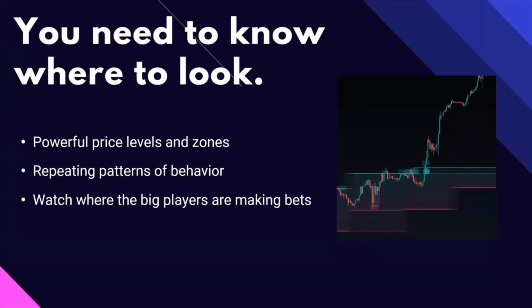So these are areas where once price visits this zone, price action often reaches an extreme in either supply or demand. So when there's an extreme in supply, price goes down. So this often is characteristic of a resistance zone.